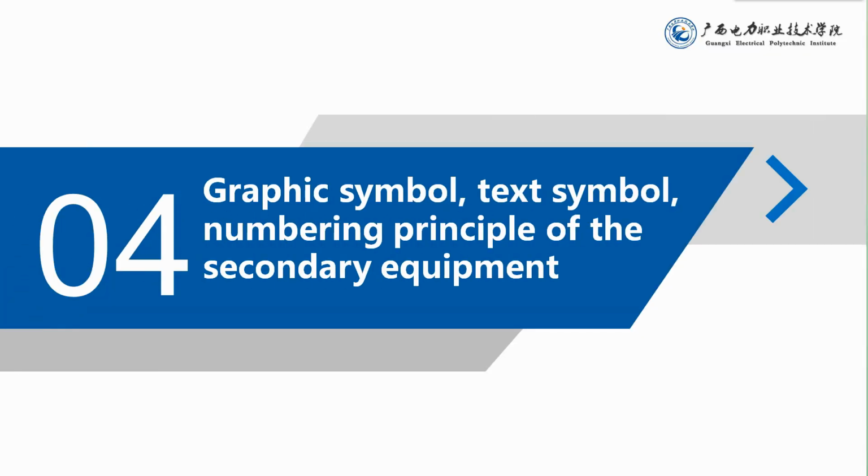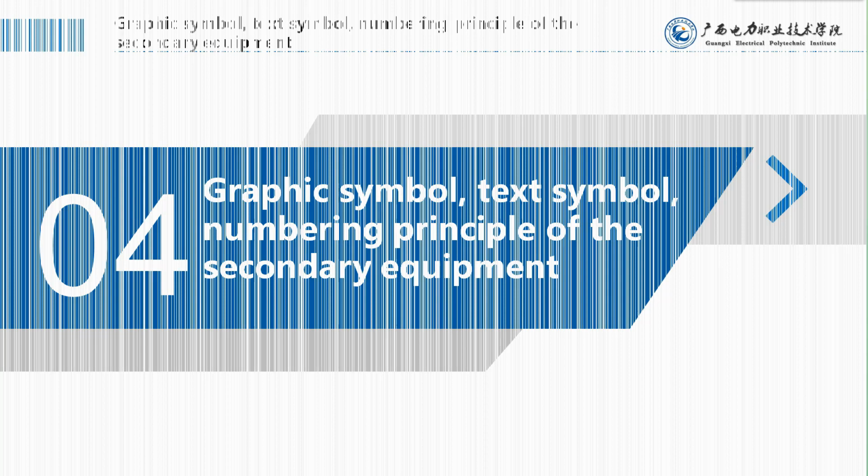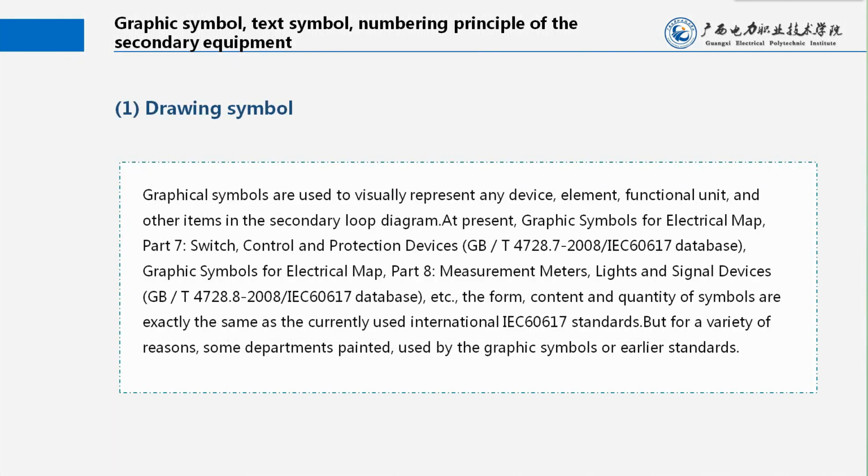4. Graphic symbol, text symbol, numbering principle of the secondary equipment. 1. Drawing symbol. Graphical symbols are used to visually represent any device, element, functional unit, and other items in the secondary loop diagram.